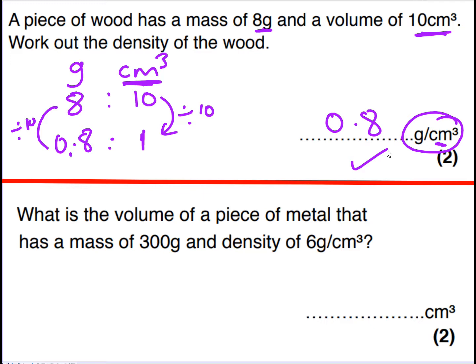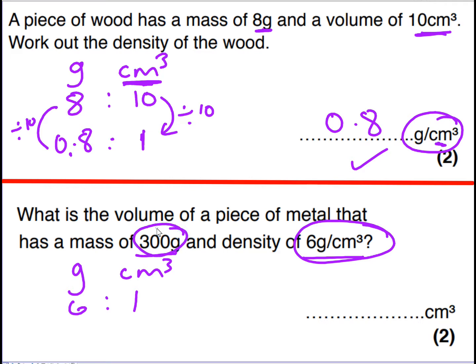Here's another density question. The volume of a piece of metal that has a mass of 300 grams has a density of 6 grams per centimetre cubed. So this is our strap line: 6 grams to every one centimetre cubed. We haven't got 6 grams, we've been given 300 grams.